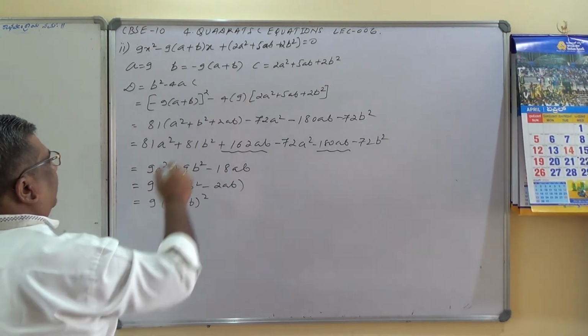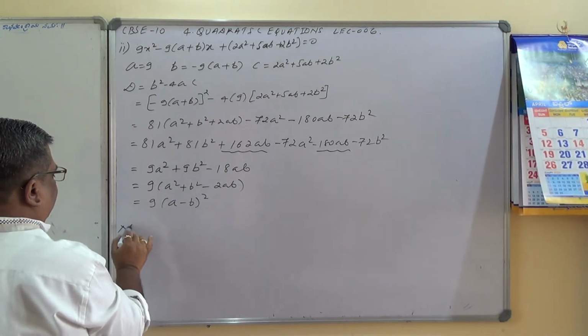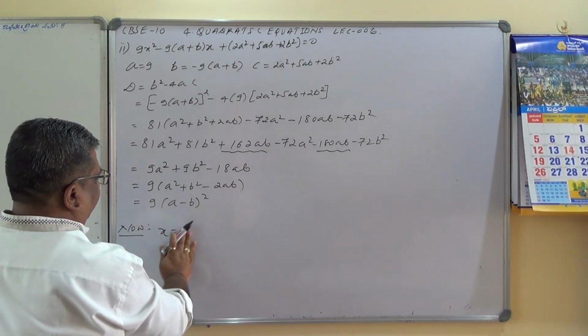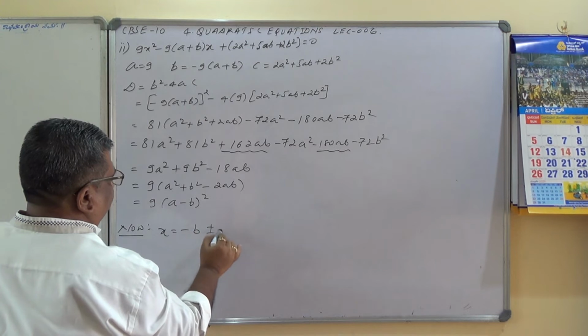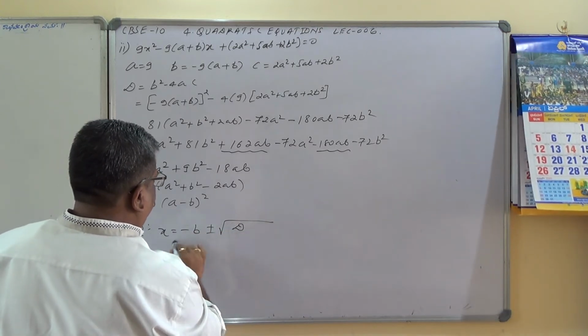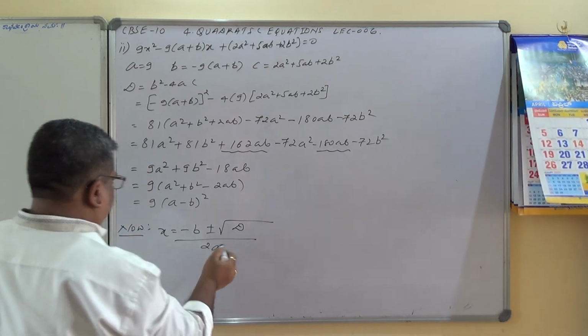So let us find out now. Therefore, by using the quadratic formula, x equals −b ± √D divided by 2a.